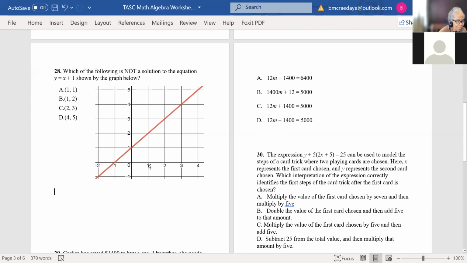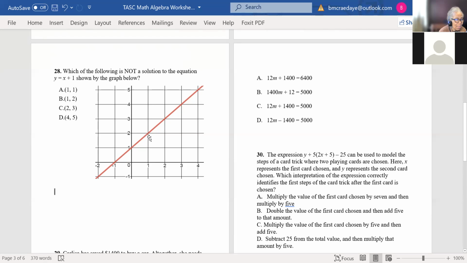Where X is 1, what is Y? Go to the red line. You see the red line here? Okay, so when X is 1, what's the value of Y? It's 2, right?